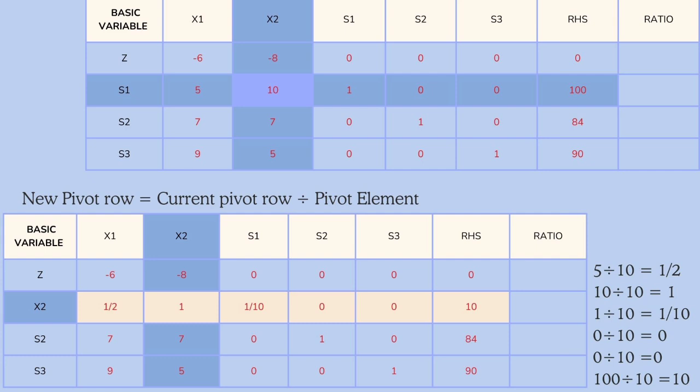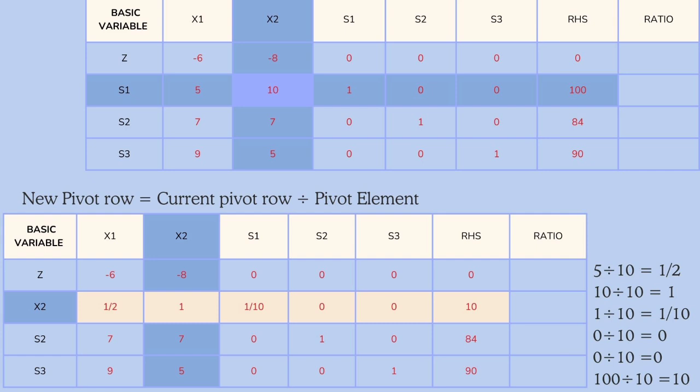So, ang sagot is pwedeng fraction or decimal. Pero, ang gagamitin natin is fraction, pero nasa sa inyo naman kung ang gusto nyong sagot is decimal or fraction. So, meron na tayong new pivot row which is yung 1 half, 1, 1 over 10, 0, 0, and 10.